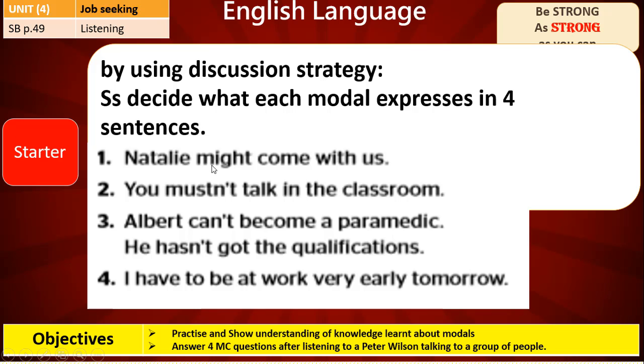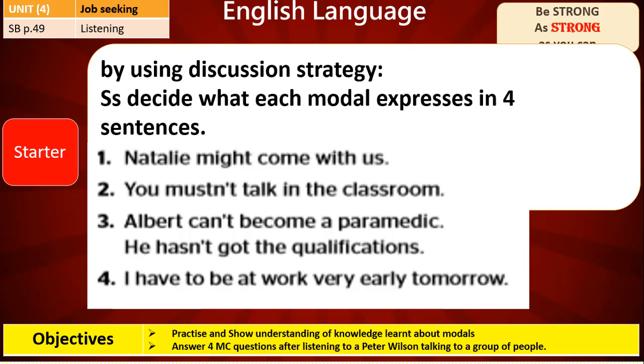Yes, might is the modal in the first sentence. What is the modal in the second? Mustn't. The third, can't. And the last one, have to. Excellent. Pause the video and think what each of these expresses.